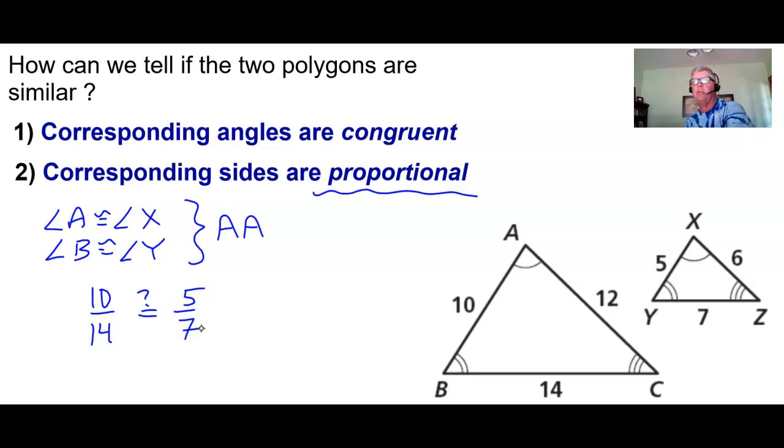Sometimes the numbers will just pop for you. Sometimes you just plug it into your calculator and see if you get the same decimal. This boils down to 5 over 7, so that is definitely the same. We'd say they are proportional, and then we could check the other side.